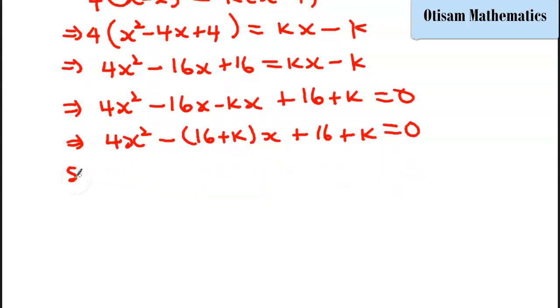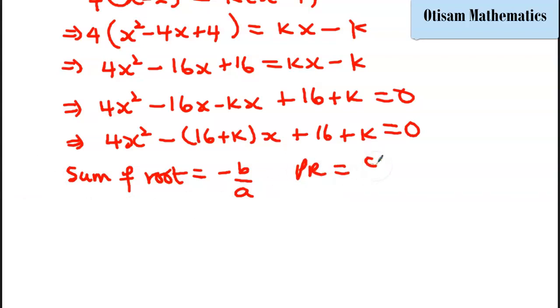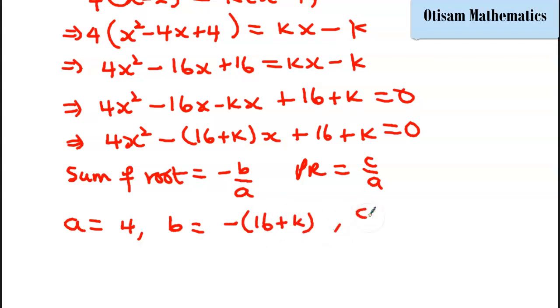Now we said that the sum of roots is equal to minus b on a, and the product of roots is equal to c on a. So first, what is our a? A is 4, then our b is minus (16 plus k), and then our c is also 16 plus k.